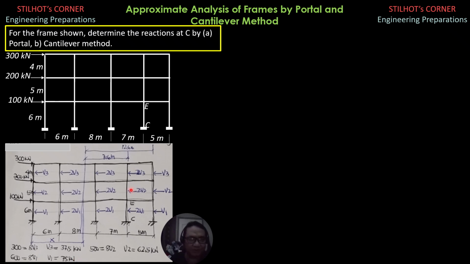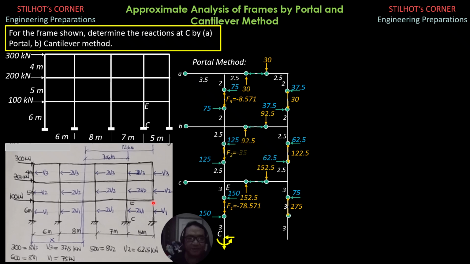So let's now transmit these forces, especially for this part of the frame because it's near to column C as shown. And I explain these values. So we begin with this FBD.